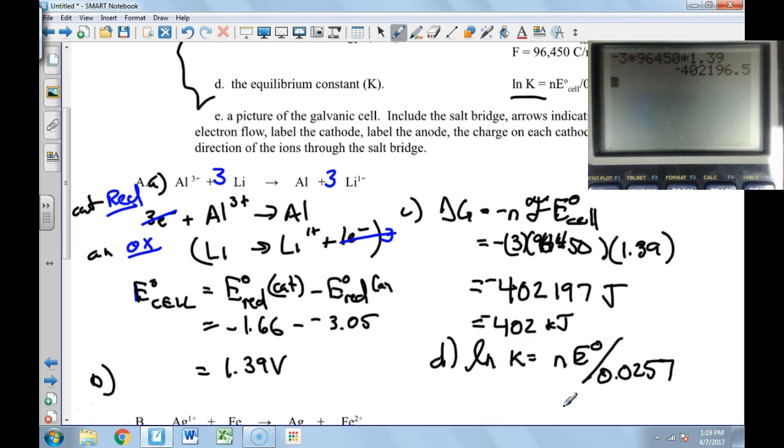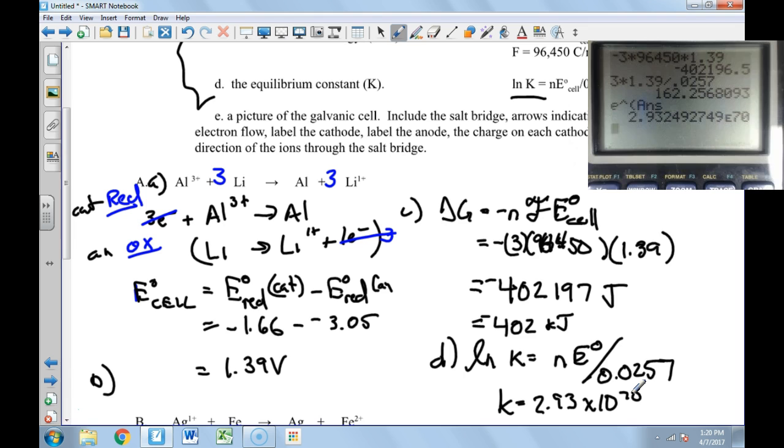So that's 3 times the cell potential. And now we take that and we do e to that answer, and we get some sort of crazy number like K equals 2 times 10 to the 70. All of that to say is this reaction is very, very, very products favored.